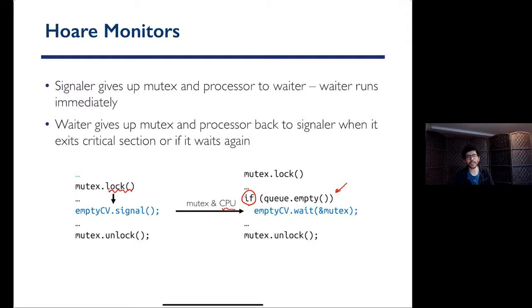Once you unlock the mutex, once you're done with your critical section, we context switch back to the signaler, the one who sent you a signal, and continue there. This implementation is called Hoare style monitors.